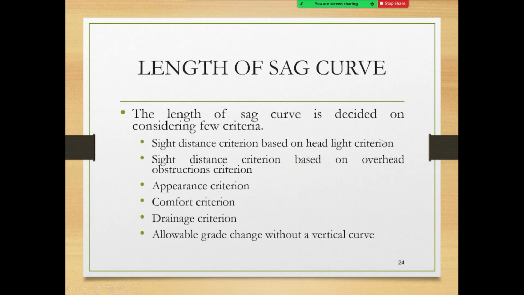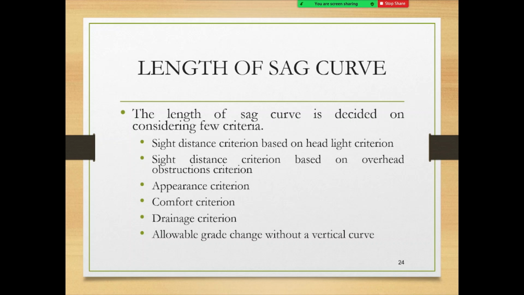So the length of a sag curve is decided considering a few criteria, same as the crest curve, but here there is a sight distance criterion based on the headlight criterion, and then a sight distance criterion based on the overhead obstruction criterion.